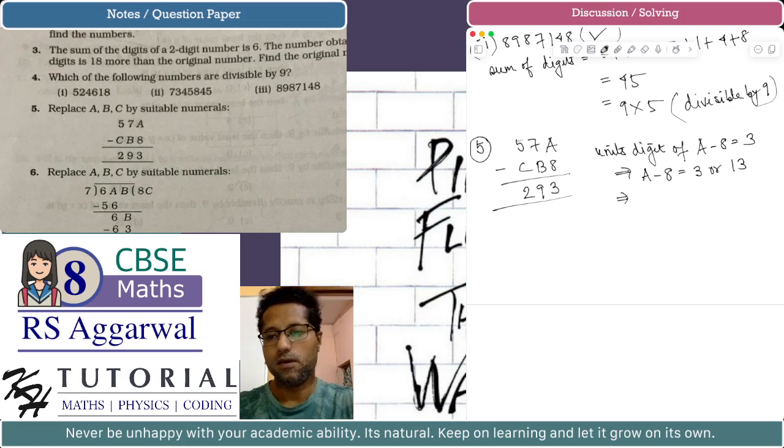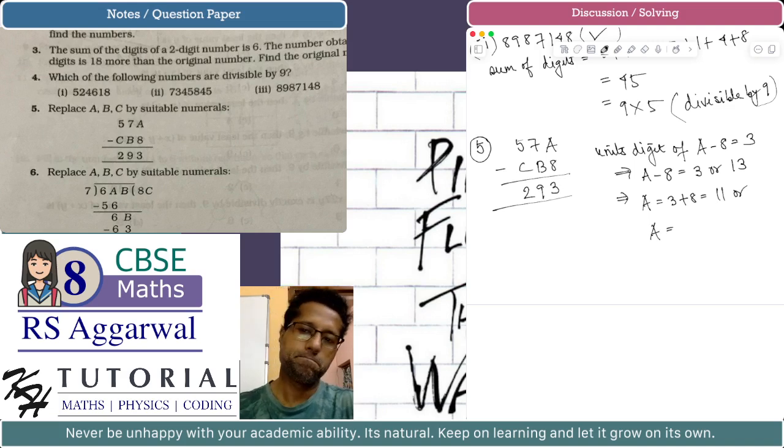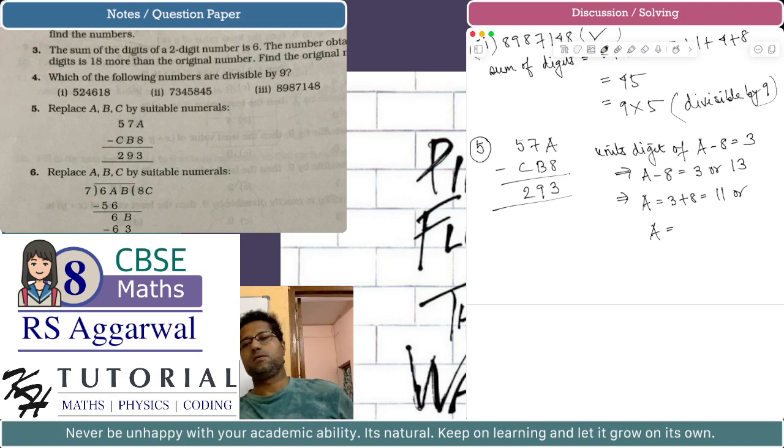So if A minus 8 is equal to 3, then A has to be equal to 3 plus 8, that is 11.